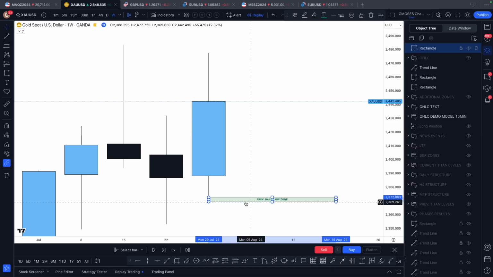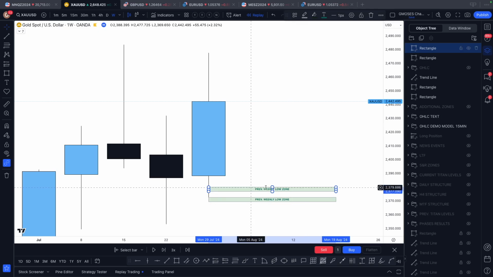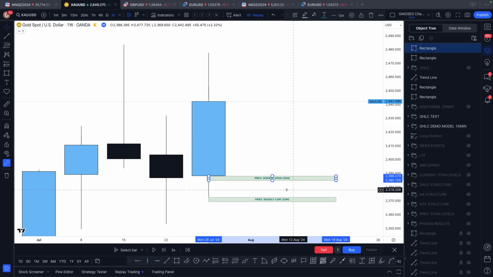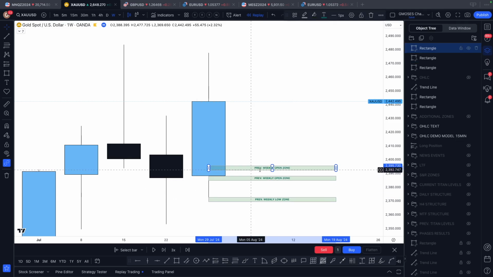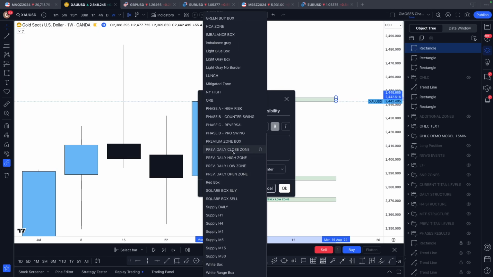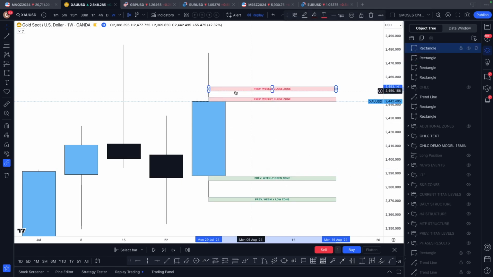This will be our low. This here would be my open. We have a close in this area here. And we have a high.